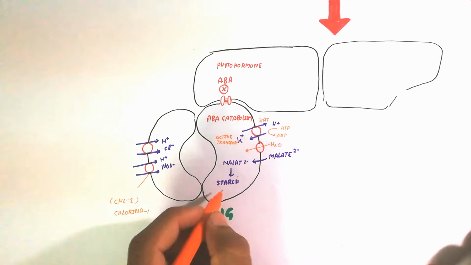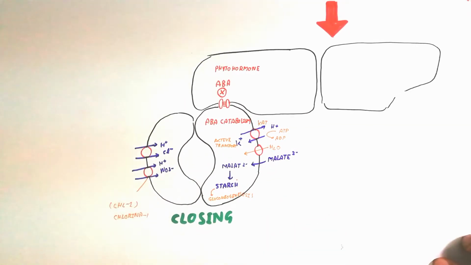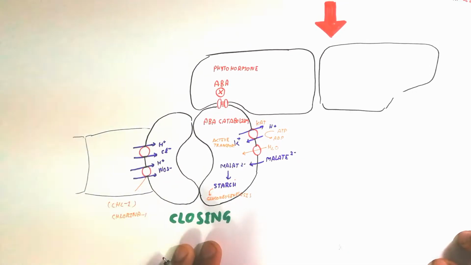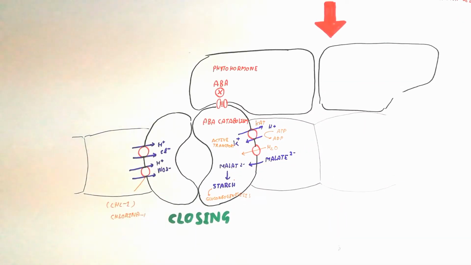Nitrate enters with one proton moving inside, also through the chloride channel.